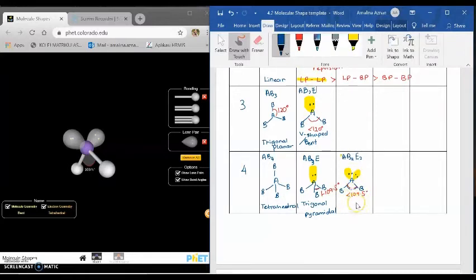The geometry here will be bent. Commonly known for this geometry is the water molecule, because you have H2O, with hydrogen as terminal atoms, oxygen as central, and oxygen has 2 lone pairs.